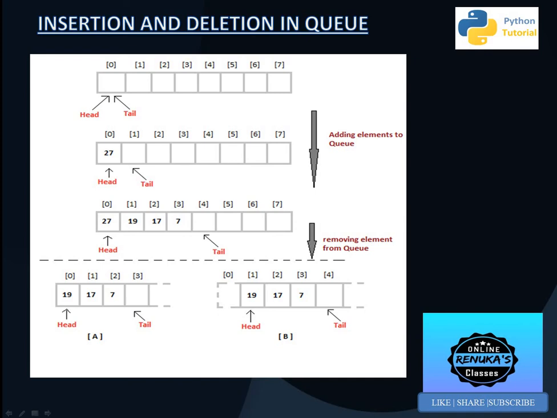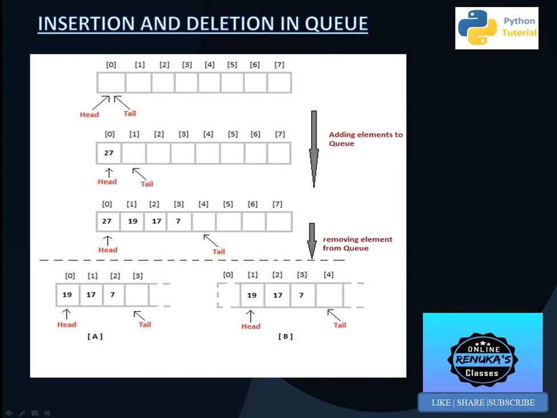The index of the first item, that is 0, will be the head, and tail will come next. Likewise, as we are adding other items to the queue, head will remain the same, that is at the first object, or we can say at the 0 index, but tail will move accordingly.